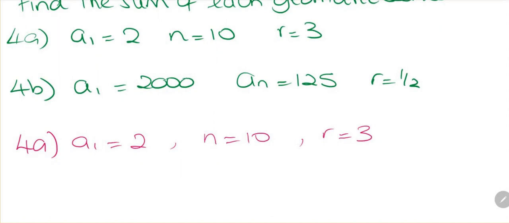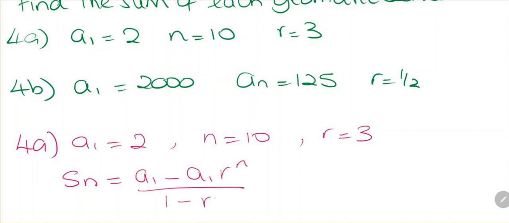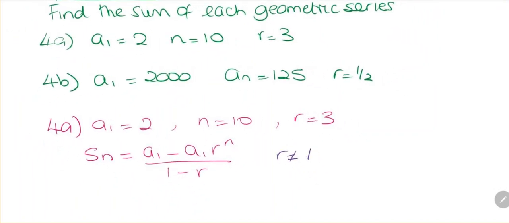So if we're given A1 and n, we can use this sum formula, which is A1 minus A1 multiplied by r to the power n divided by 1 minus r. And this is when r is not equal to 1, otherwise we will have an undefined value on the denominator.